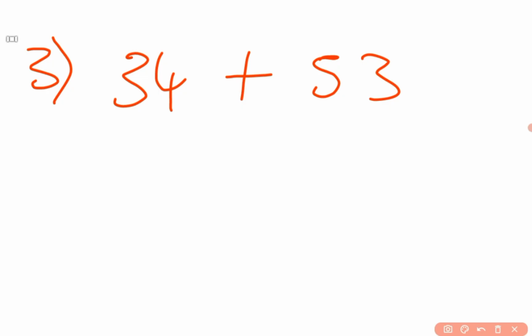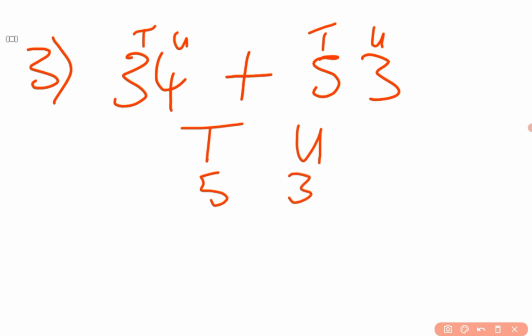The place value of 3 in 53 is unit, and here is tens. Unit and tens. So you can reclassify them like this. You place them under tens and unit. So you have 53. You first of all have 34 plus 53.